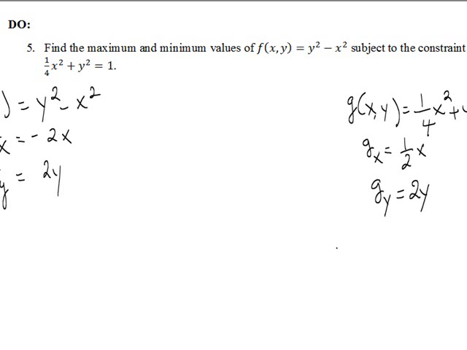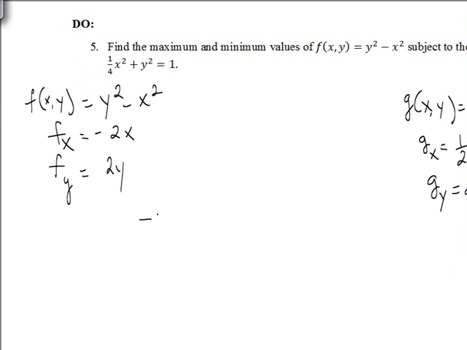Can somebody tell me what is the next step? Bring in the lambda. So give me the first equation with the lambda, please. Minus 2x equals a half lambda x. Next.